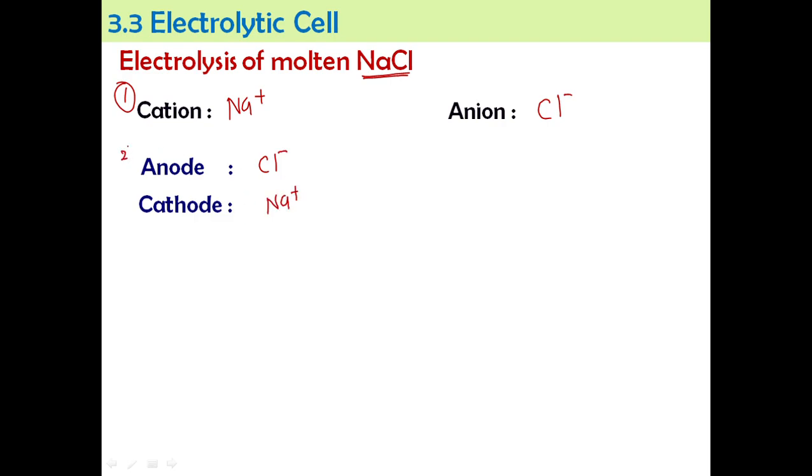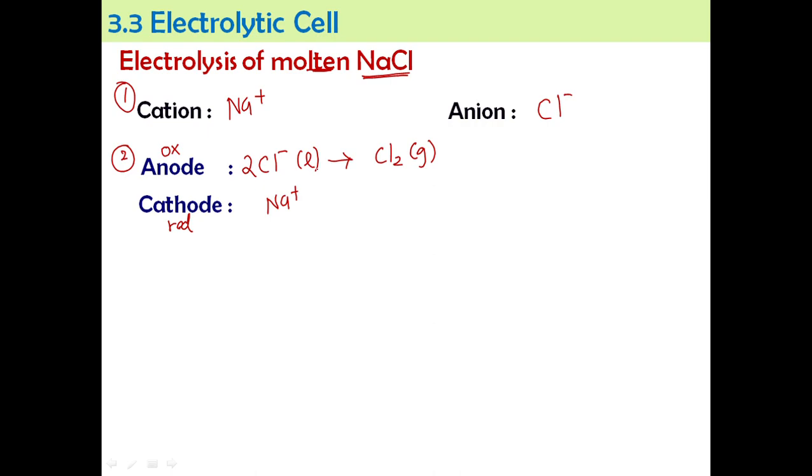So, second step, you have to write the half equation. Okay, remember, anode oxidation, cathode reduction. Jadi, Cl minus kalau undergo oxidation, dia akan melepaskan elektron dan menghasilkan Cl2. So, Cl2 ni adalah chlorine gas. Jadi, kat sini kena letak 2. Okay, remember, molten must in liquid.